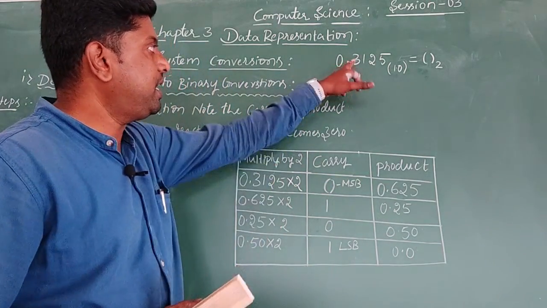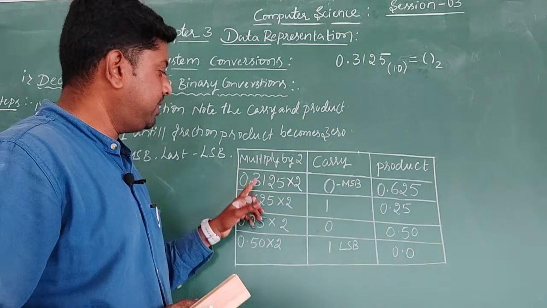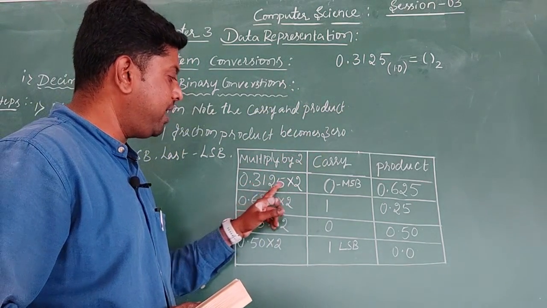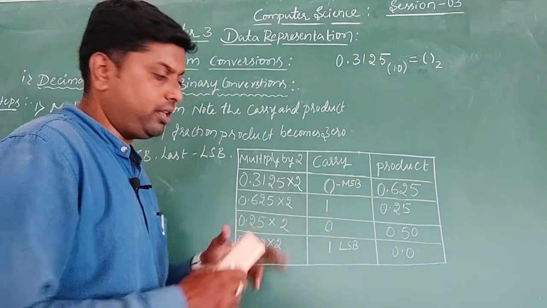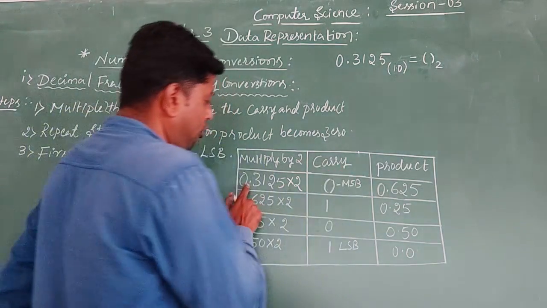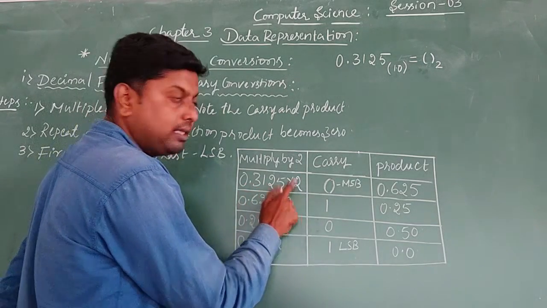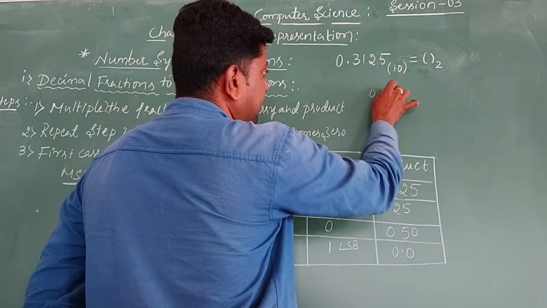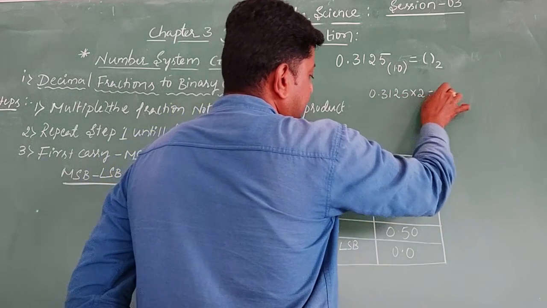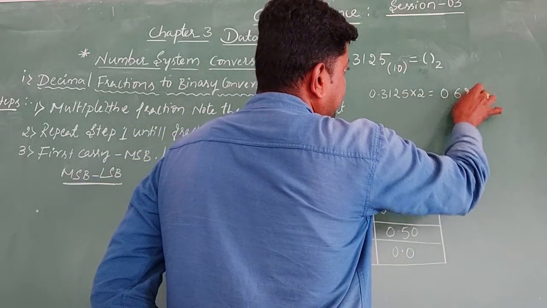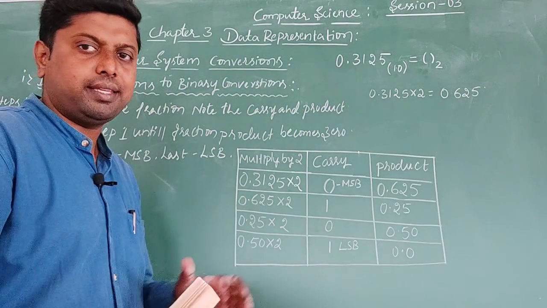See here, the given number is 0.3125. Consider that 0.3125 multiplied by 2. What answer will you get? 0.3125 into 2 means 0.625. The answer is 0.625.